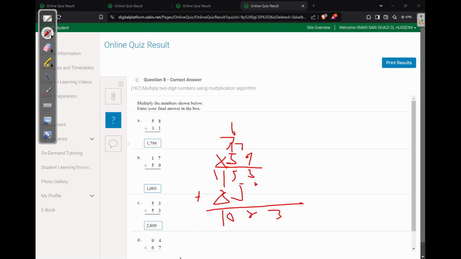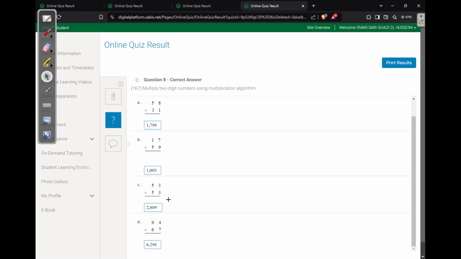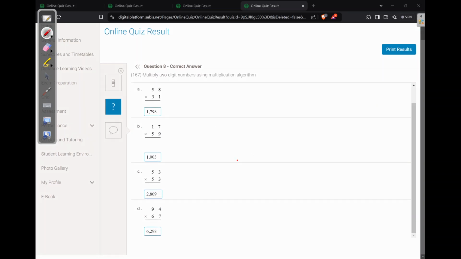Okay, now here. Okay, now C. 53 times 53. Okay. 3 times, and now the answer is 9. Times it by, that's 159, that's 0. 5 times 3 equals 15. 1 up.